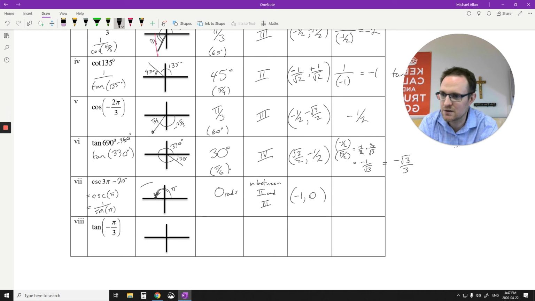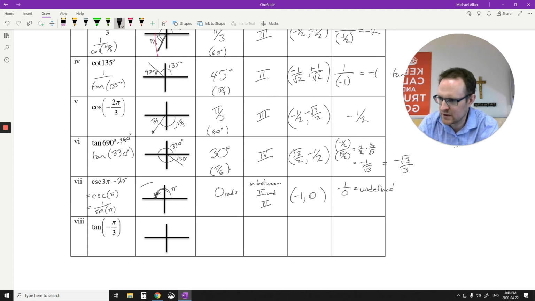Assuming that these are all in the unit circle. Sorry, I forgot to mention that. And 1 over sine. Sine is my y values. So 1 over 0, undefined. That's it, undefined for that one. There's no actual real answer for that.